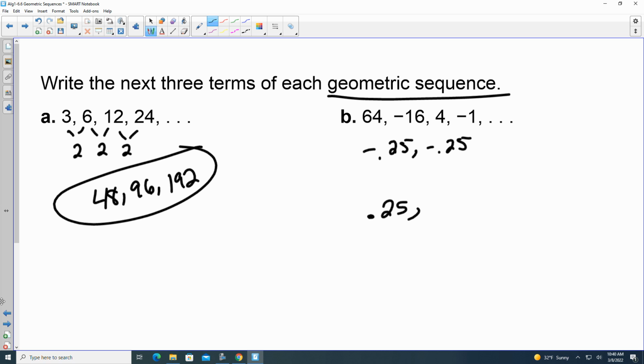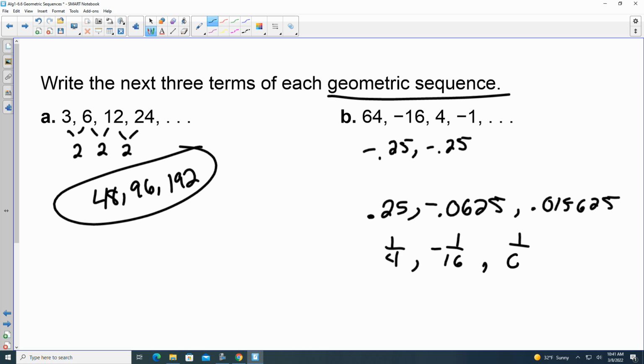Multiply it by negative 0.25, I get a negative 0.0625. And then finally, times negative 0.25, I get positive 0.015625. If you wrote it as a fraction, it would be positive 1/4, negative 1/16, and positive 1/64. So that would go here, that would go here, and that would go there.